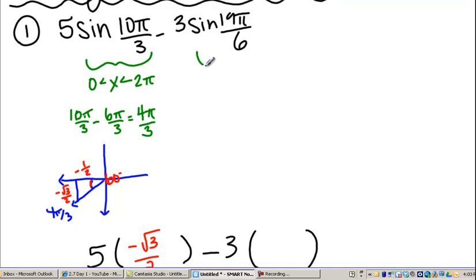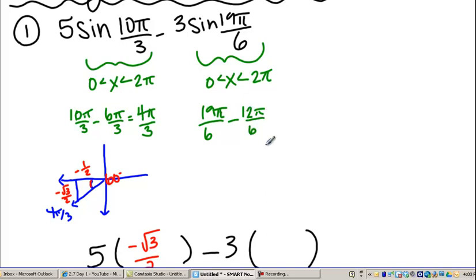Now we have to figure out the sine value of 19 pi over 6. Again, we need to get it between 0 and 2 pi. Clearly, 19 divided by 6 is 3 point something, so it is more than 2 pi. So the way you get it into this range is you're going to have to subtract 2 pi, which I know 12 pi divided by 6 is equal to 2 pi.